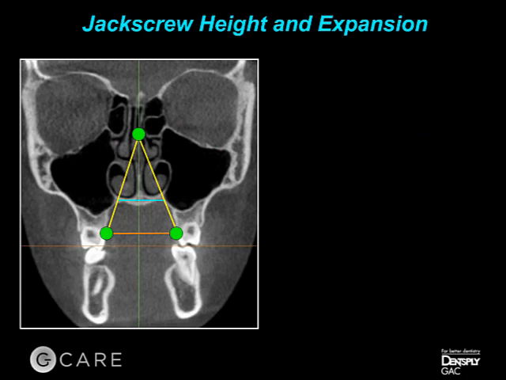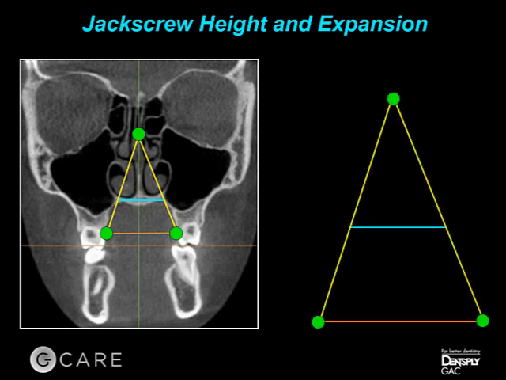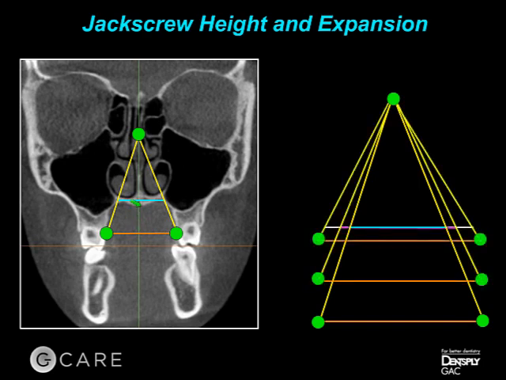So if this is where our suture is, and this is where our expansion force is applied, it would seem that as we moved that expansion distance, if we expanded this much, if we started moving that closer to the suture, we could expand the same amount, but the actual change at the level of the suture would be more the closer we were to the suture.